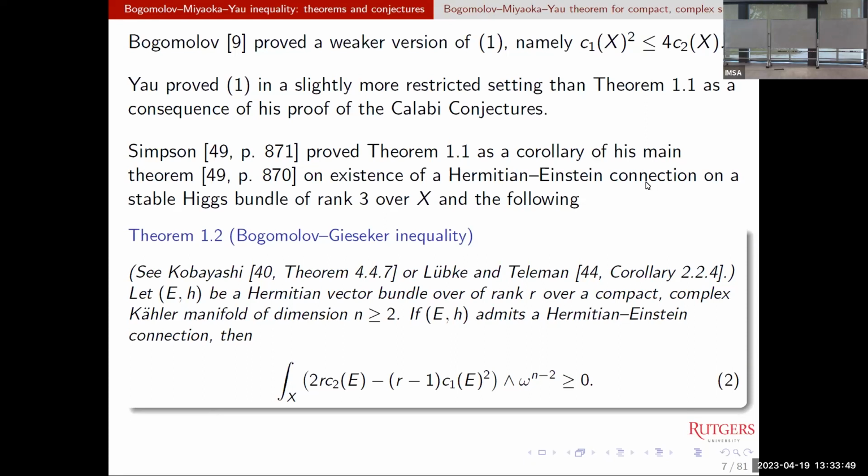So this is the approach I'm going to take, although his notion of pair, connection and Higgs field, is very different from ours, and of course it's in the same setting of complex surfaces. It does rely on an inequality that is much simpler than the inequality, and it's known from differential geometry for a long time, the so-called Bogomolov inequality.